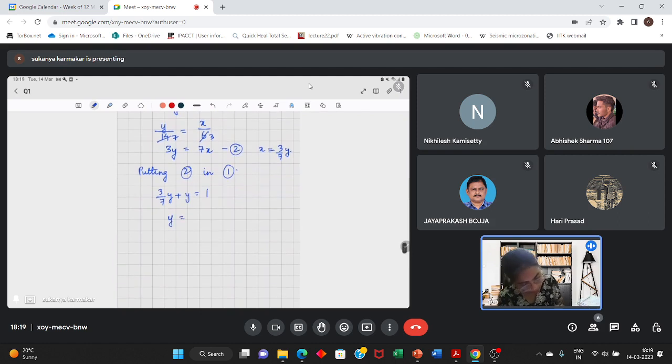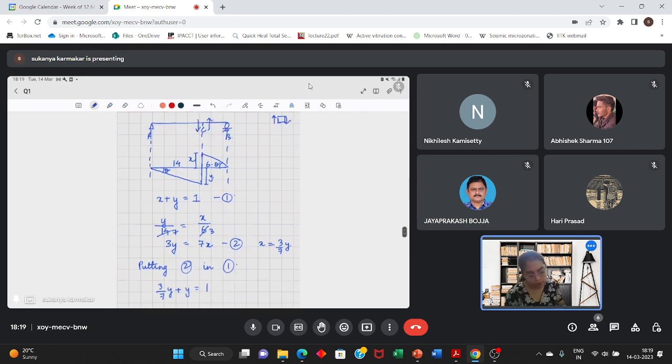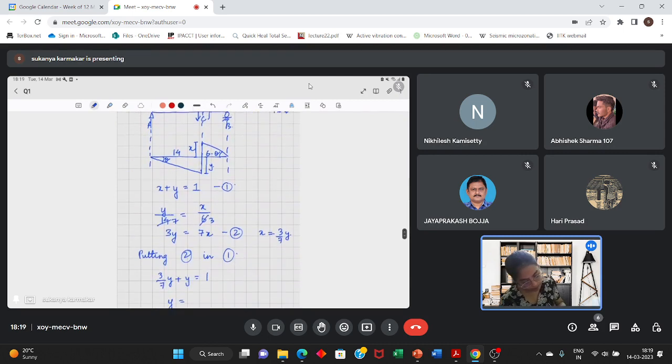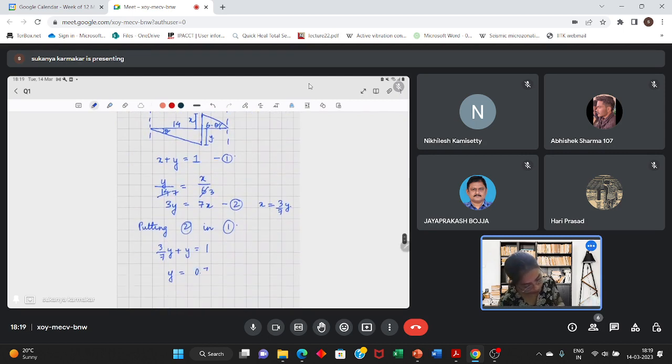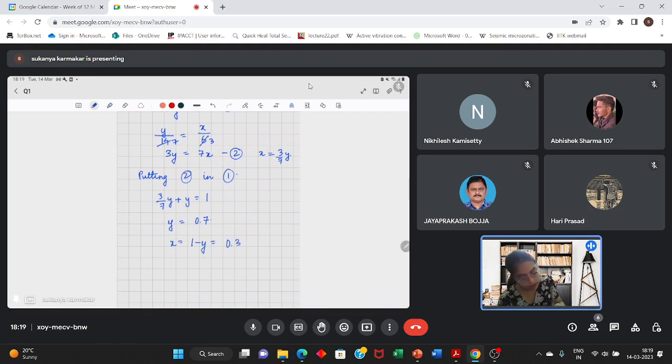So from here y is equal to 7 by 10, or 0.7, and x will be equal to 1 minus y, so 0.3.